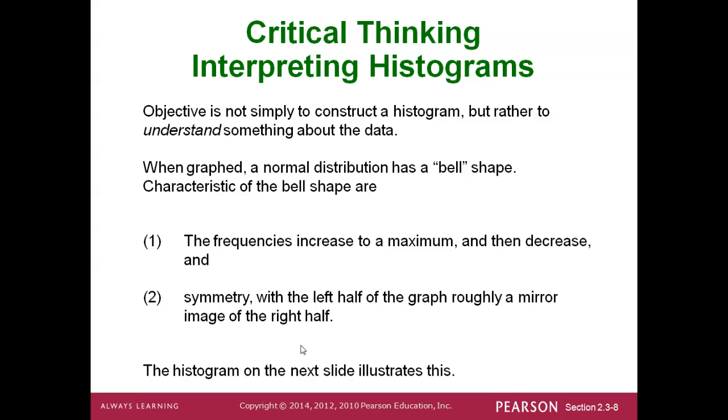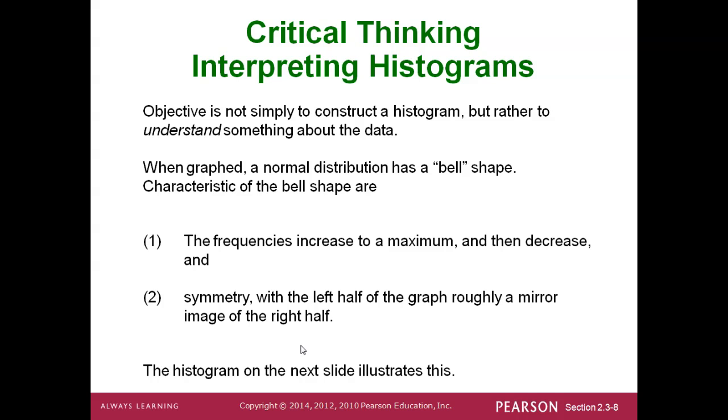Okay. When you're interpreting your histograms, we're not just creating a histogram and that's it. We do that in elementary school and that's boring. We want to understand something about our data. And what we want to understand is if it's a normal distribution, then we're going to see that in the histogram.